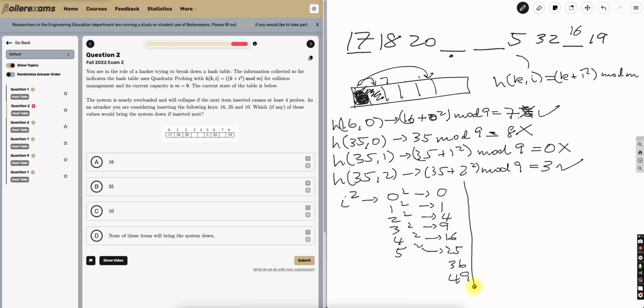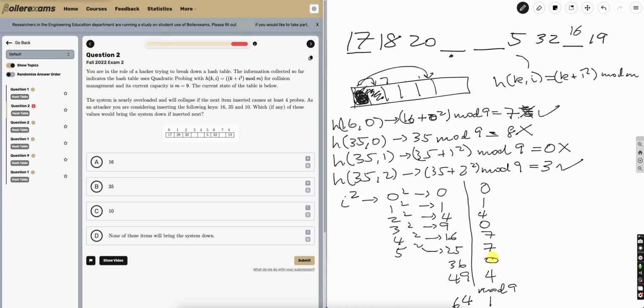When we take modulo 9, 0 is 0, 1 is 1, 4 is 4, 9 modulo 9 is 0, 16 modulo 9 is 7, 25 modulo 9 is also 7 because 9 times 2 plus 7, 36 modulo 9 is 0, 49 modulo 9 is 4 because 5 times 9 equals 45 plus 4. If you continue, 64 will be 1 because 7 times 9 equals 63.